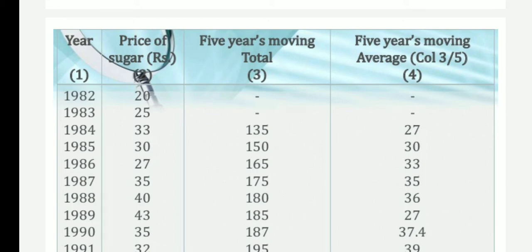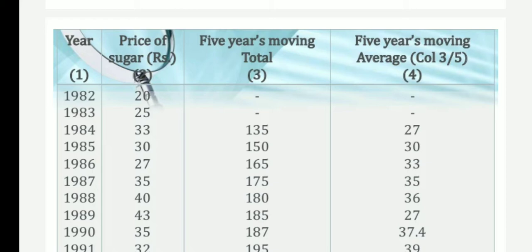The first two columns are given already. In the third column, write the 5-year moving total. If it were a 3-year moving total, you would add 3 values from the top.